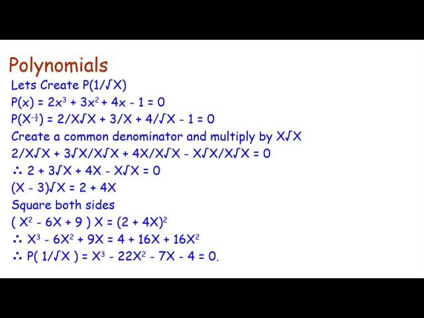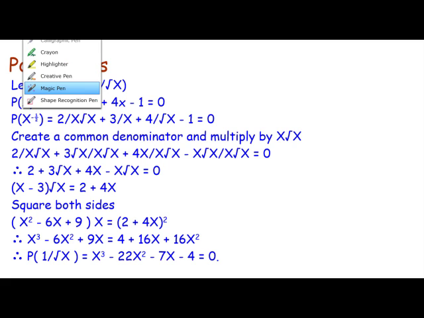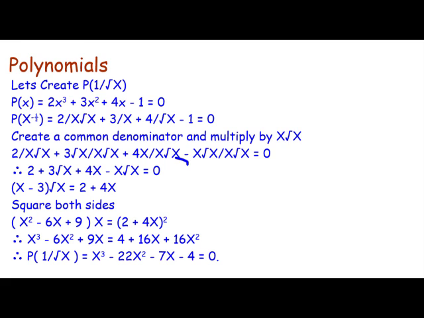Now we have to get rid of these root X. So I create a common denominator, put it all over X root X, and then multiply throughout by X root X. Let's highlight where we are getting to.